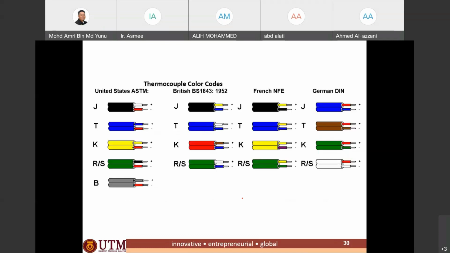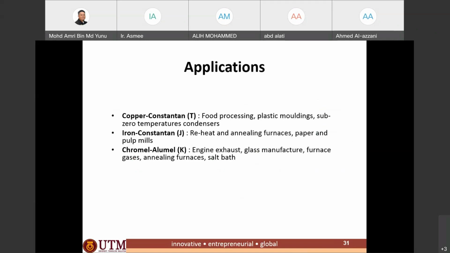This is the code of thermocouple in different countries. These are the applications we see for the thermocouple. For example, type T is used mainly in food processing, plastic molding, and sub-zero condensers.